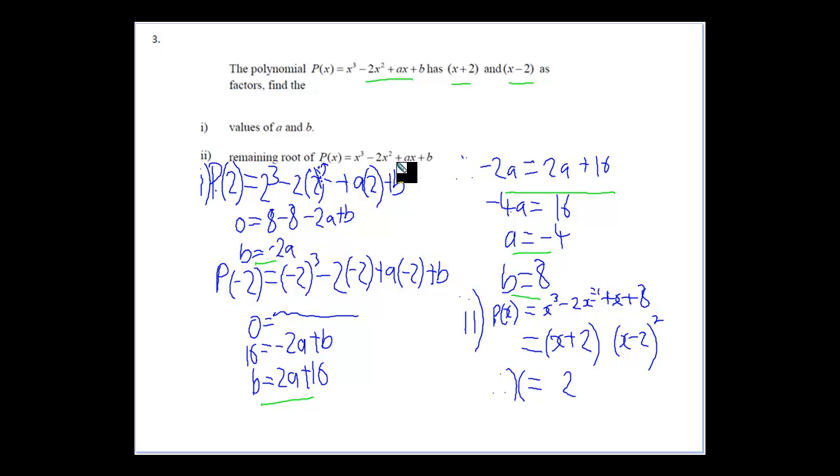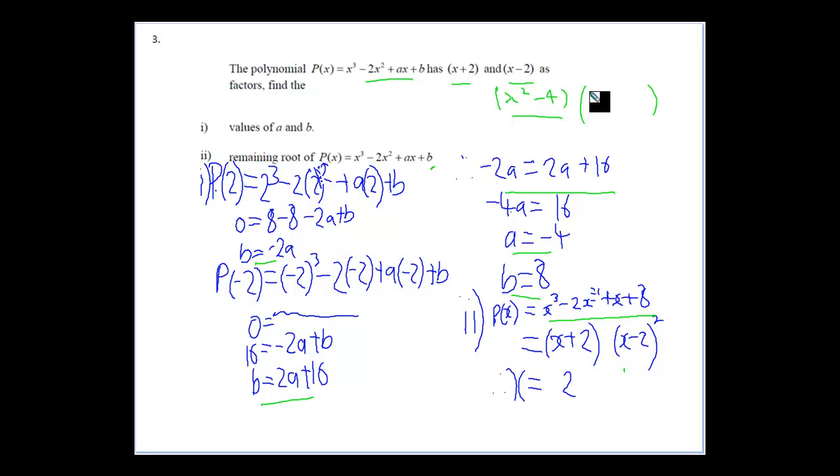Now find the remaining root. Again, we're looking at b equal to 8. So this is our polynomial written in expanded form. We've got x plus 2 times x minus 2, and if we did the multiplication there, that would be x squared minus 4. So what would go into the bracket to give us this?